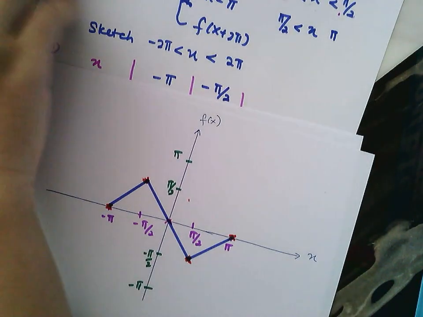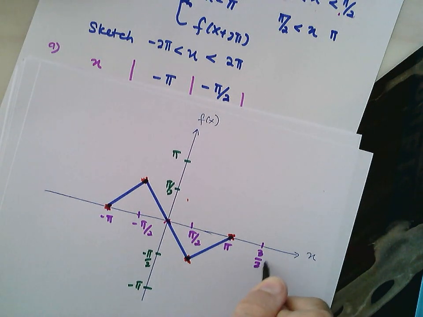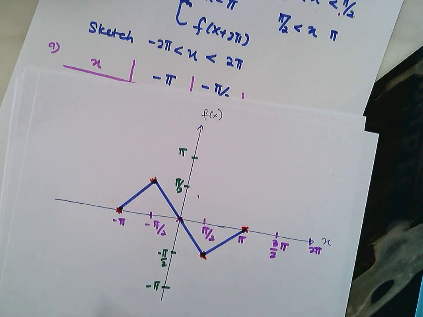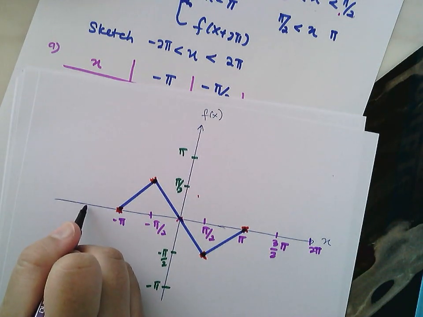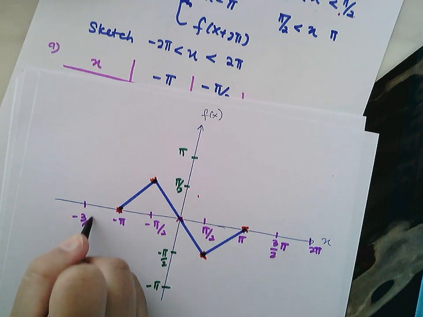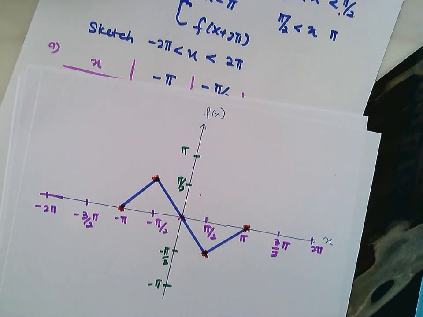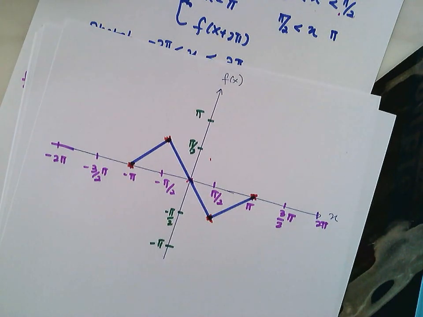So the range will be 3 over 2 pi plus 1 over 2, then you will have 2 pi here. Same goes for your left hand side, so you will have negative 3 over 2 pi, negative 2 pi.